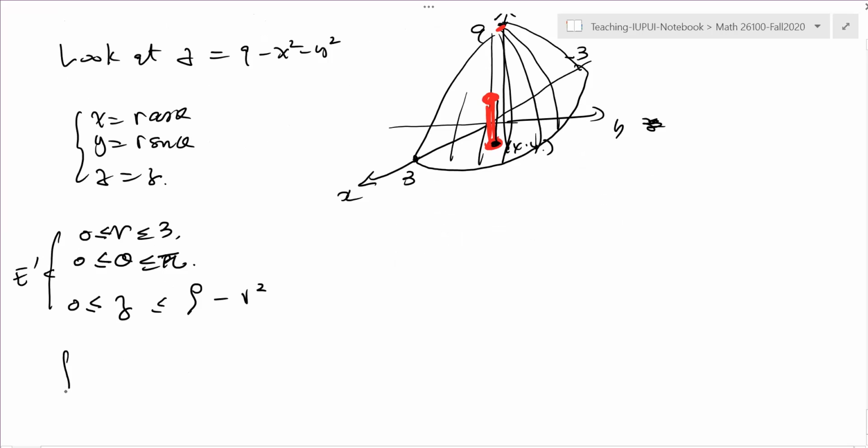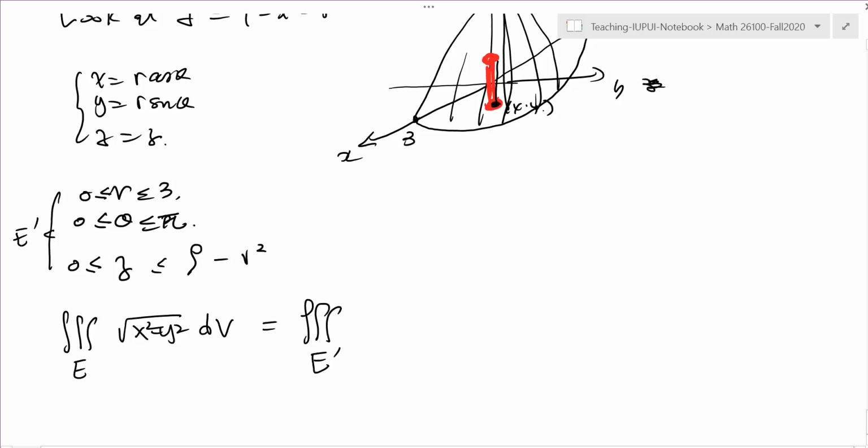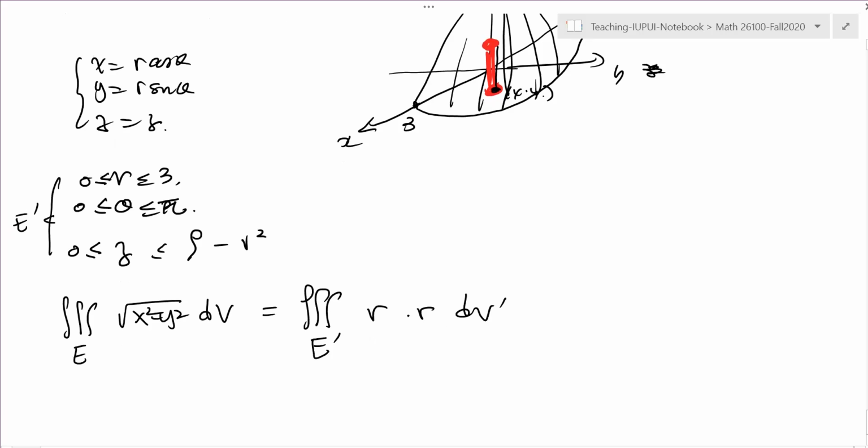So this triple integral of square root of x squared plus y squared dV is going to be the triple integral over E prime. And here it's just r, because the square root of x squared plus y squared is r. But there's an additional r here, dV prime. Still, we have to go back to the iterated integral to evaluate the triple integral.